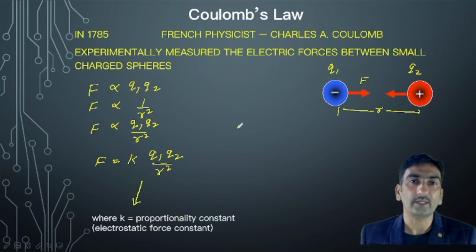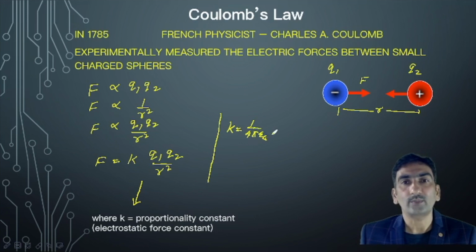The value of k is given by 1 over 4 pi epsilon naught, where epsilon naught is the permittivity of free space. If you calculate this value, you will get approximately 9 into 10 raised to power 9 Newton meter square per Coulomb square.